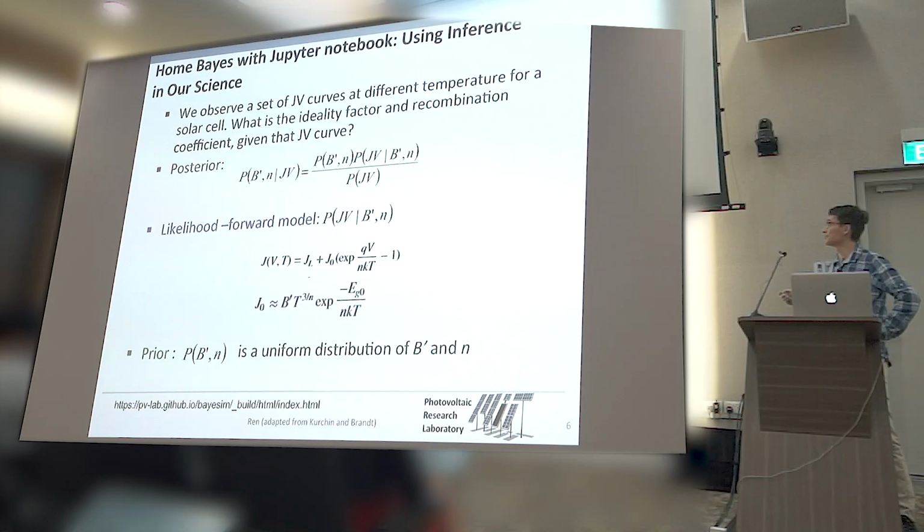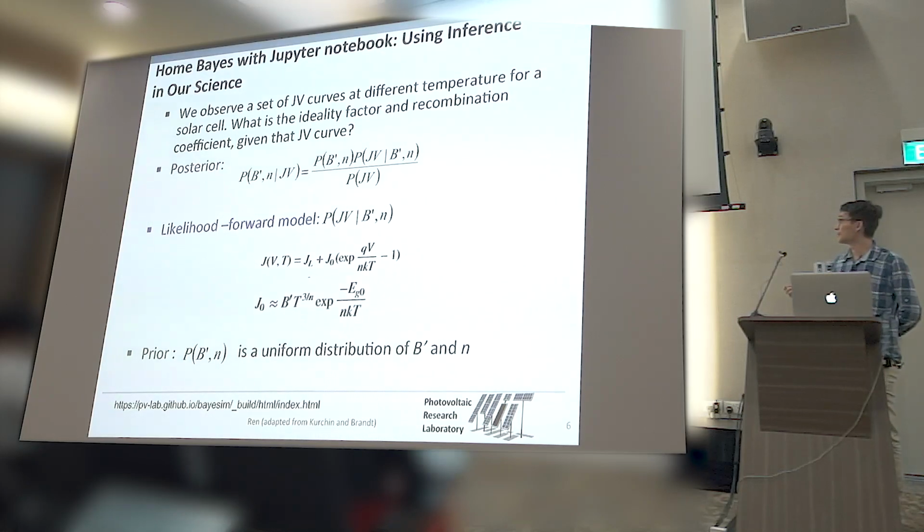And in the equation, this term is determined by JL. JL is the light-induced current from the solar cell. For the sake of the workshop, we treat JL as a constant, and J naught times this exponential term minus 1. J naught is the recombination current, which is typically strongly affected by the temperature. The dependence of J naught on the temperature is described by the second equation here.